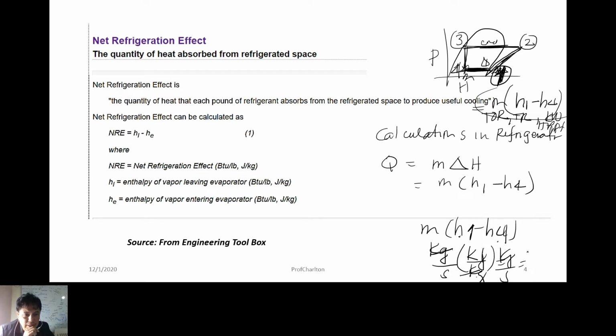Anong kilojoule per second? Watts, right? So, how many watts in 1 ton? 3.516 kilowatts per ton. Cancel yung watts. So, magkakaroon ka ng tons of refrigeration. So, yun yung una. That's the first one. How do we do the second?